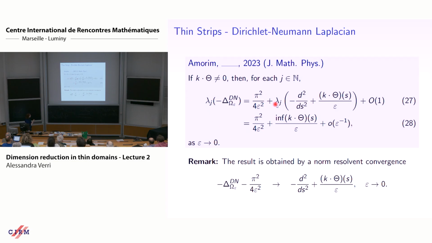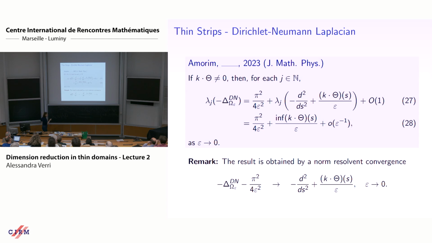We see in this expression a similar expression as in the planar case that I showed before. The interesting point here is that theta prime, the twisted effect, doesn't appear in this expression. So if k theta is different from 0, this effect dominates the whole problem.